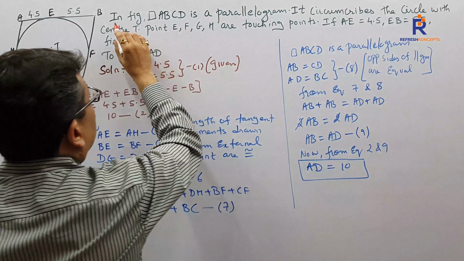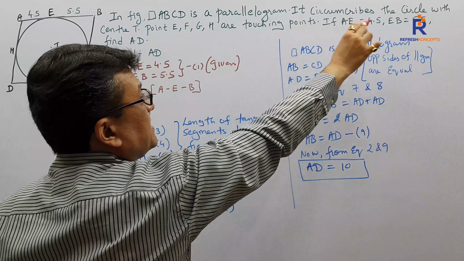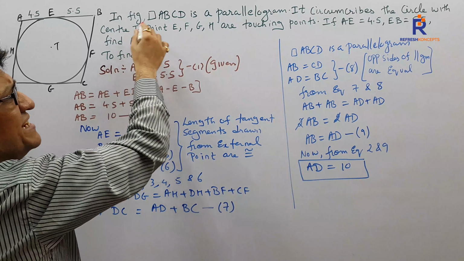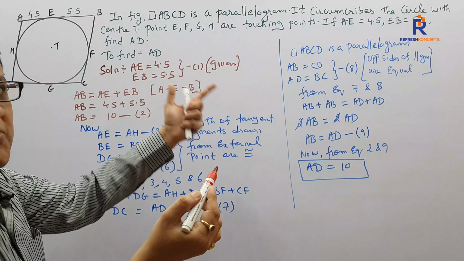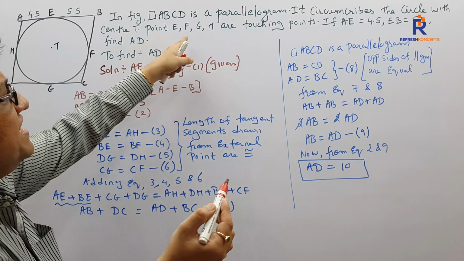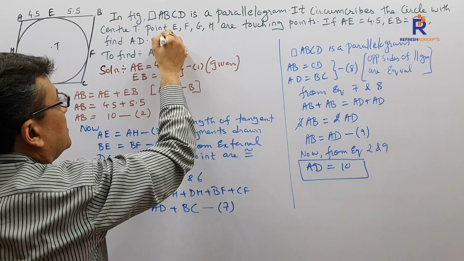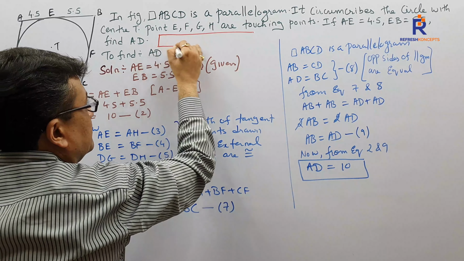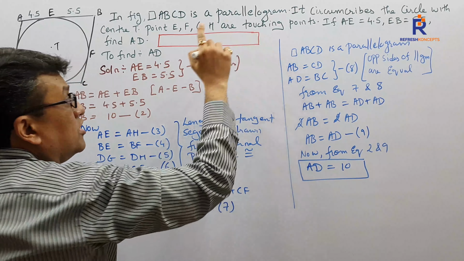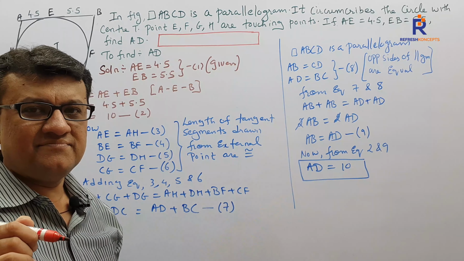They shall give you a quadrilateral ABCD is a parallelogram. It circumscribes a circle with center T. Even center T is not required; you can see I have not utilized it anywhere. Points E, F, G, H are touching points. Prove. I'm writing with a different marker, mind you. This is an altogether different question, but our answer is the same.